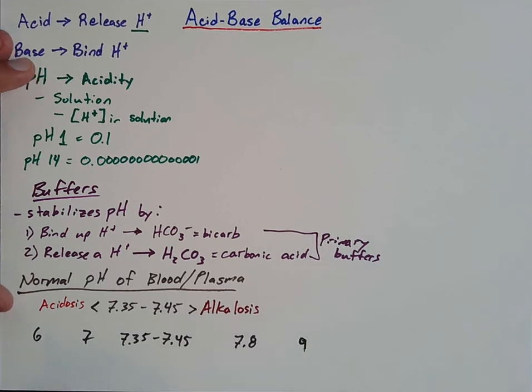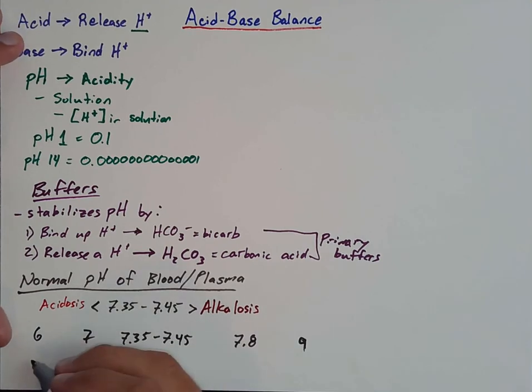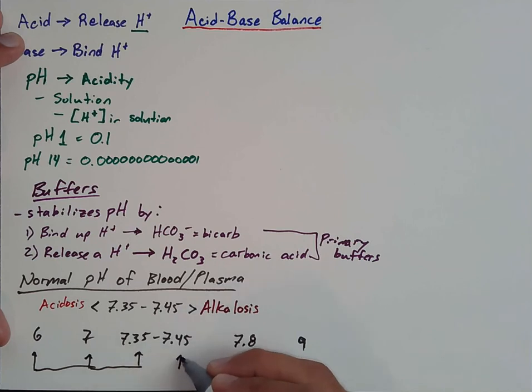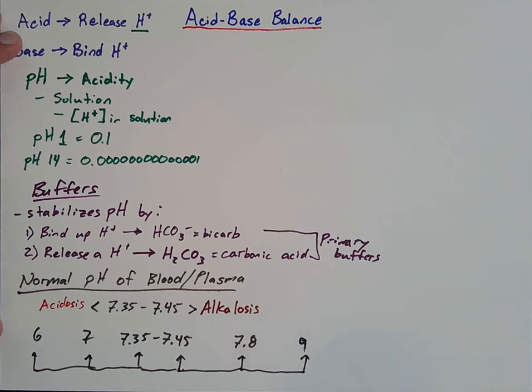All right, so we're going to be dealing with pHs here. And if we want to say we have something that lies between 6 and 7 versus 7 to this normal range versus 7.45 to the 7.8 range versus this 9 range. So what do we know about each one of these? This is one of my favorite ways to depict this information. What if we're at 7.35 to 7.45?